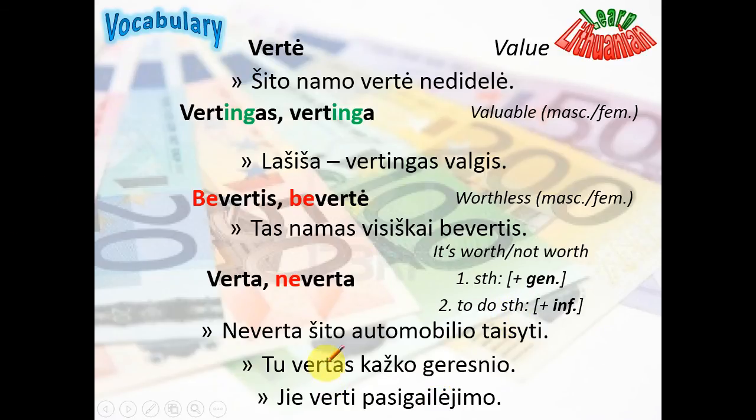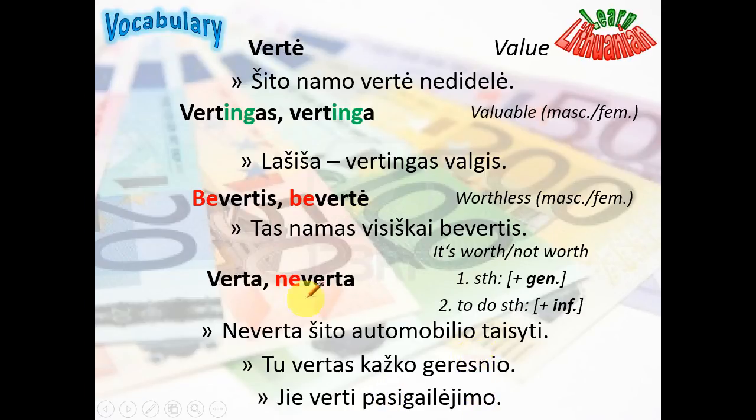So, again, one more time. If you use this word, verta or neverta, with a noun, like to be worth something, or it's worth something, you should use genitive for that noun, like kažko geresnio or pasigailėjimo.